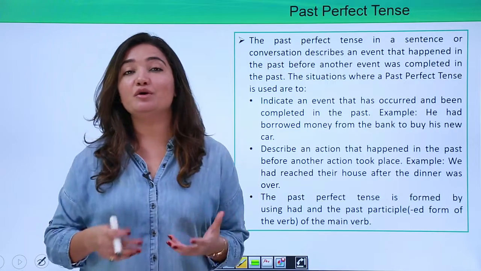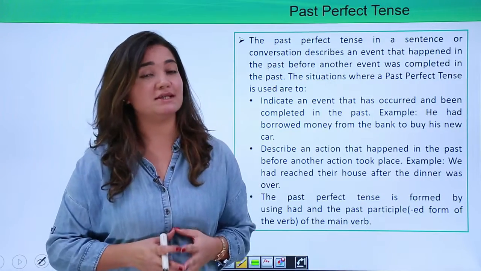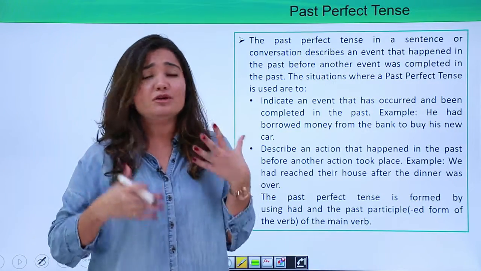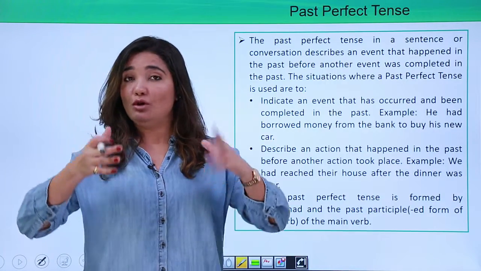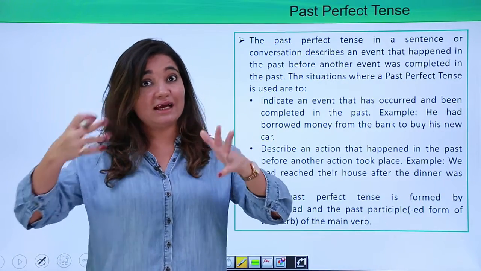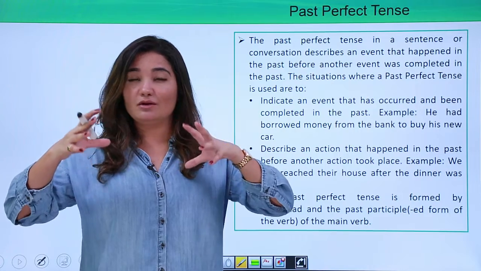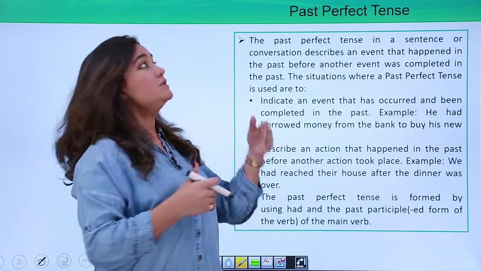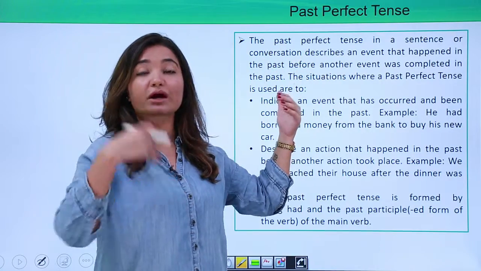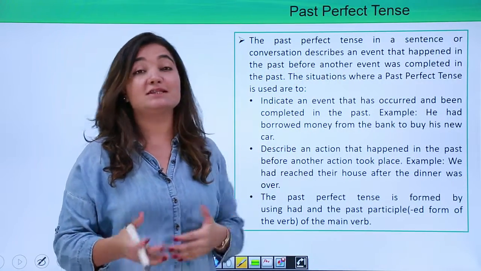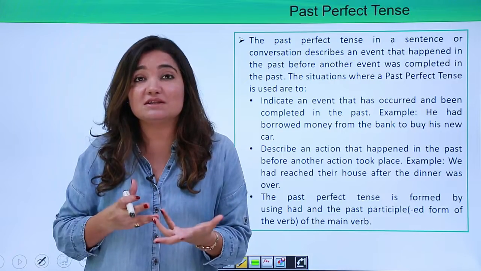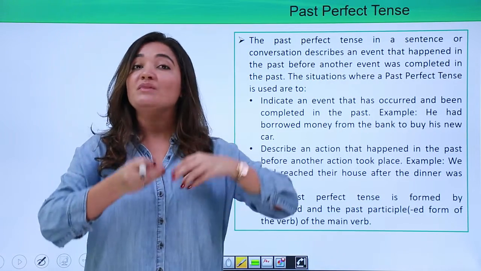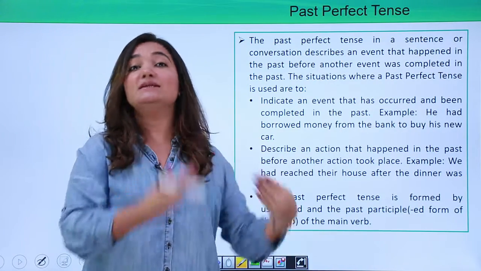Okay, so now we're going to study the perfect form of past tense. What do you gauge from this word perfect? Perfect could be something that is exactly in line with the rules or conditions, right? So when you try to understand past perfect tense, it primarily deals with situations wherein a work started in the past and ended there itself.